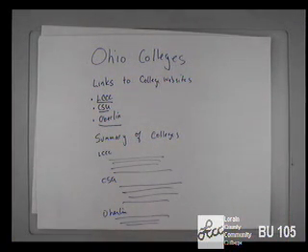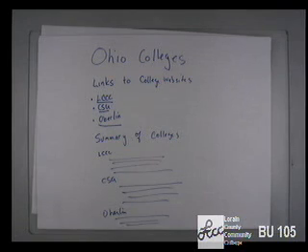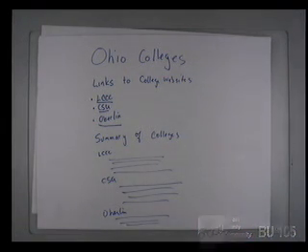Now, you might wonder, I have the links at the top of the page. Is that the best place for the links? Well, maybe, maybe not. One nice thing, though, is you can always put the links in a couple places. So, for example, I could have the list of links at the top of the page for convenient use so people can see a list of all the colleges I'm going to talk about.